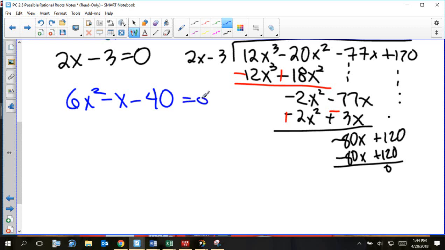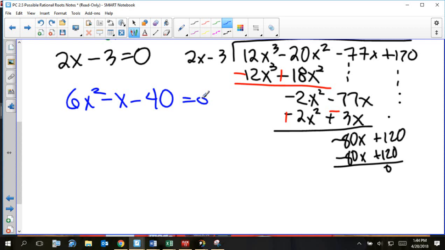So I have a quadratic. What are my options now? Factor it, or complete the square. If it's irrational, or if it's a horrible fraction that you don't recognize, I want you to take it to the quadratic formula.